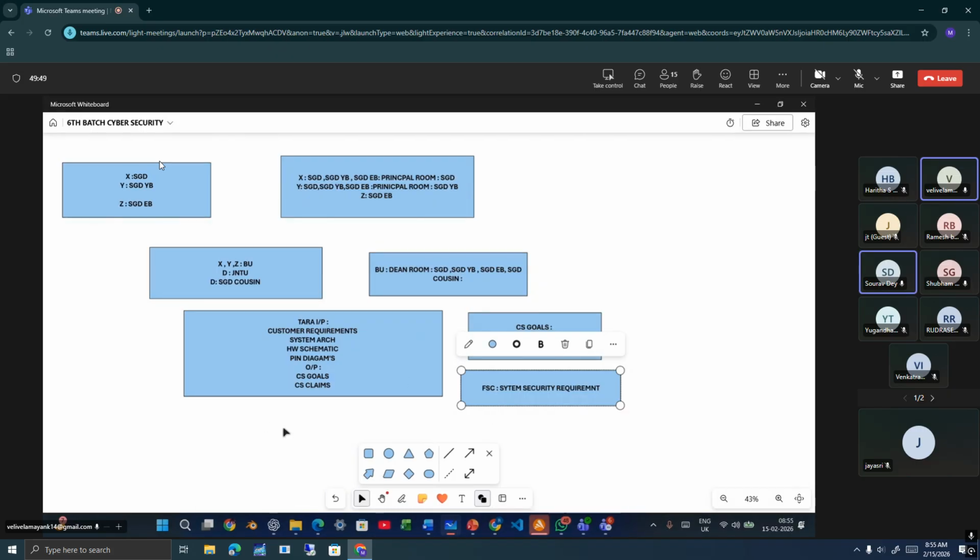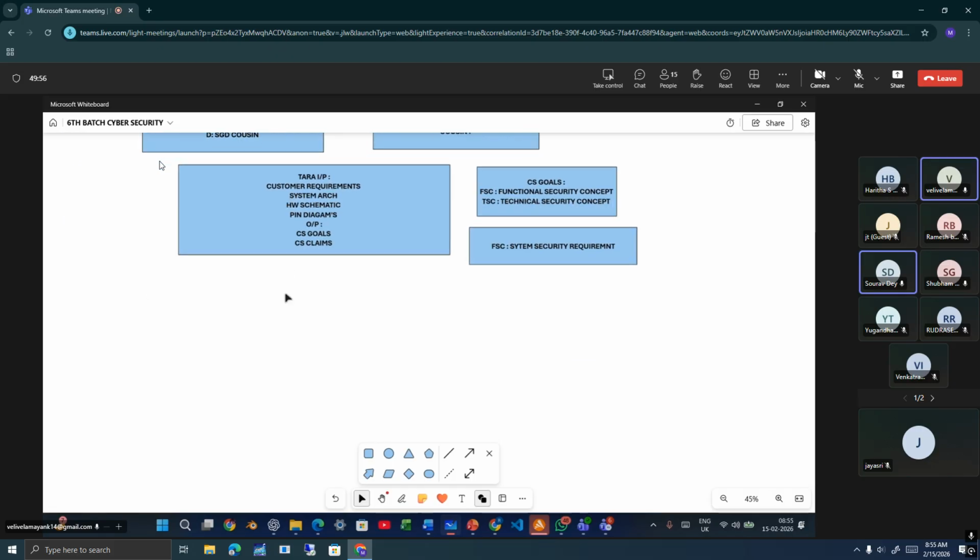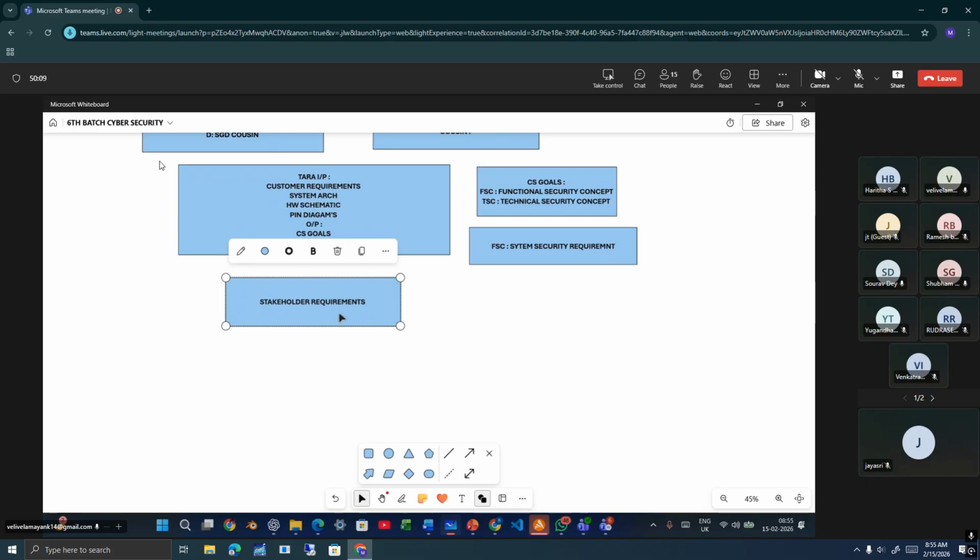Okay, so from the system requirement, then we can go to a test case, use case. That you will see now. Stakeholder requirements. I will divide it into external and internal.